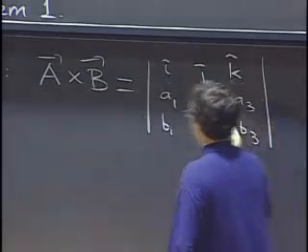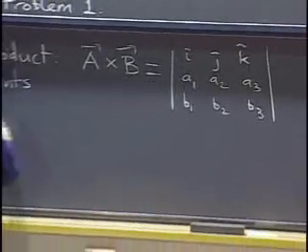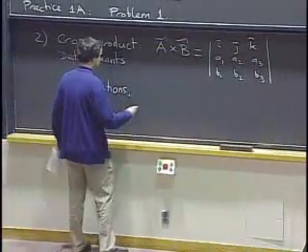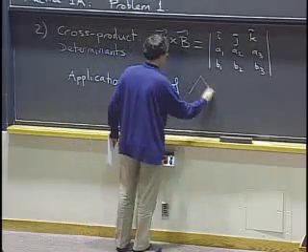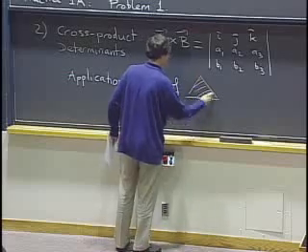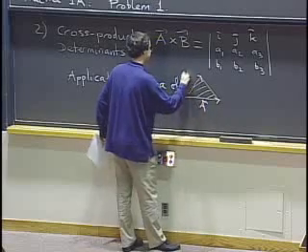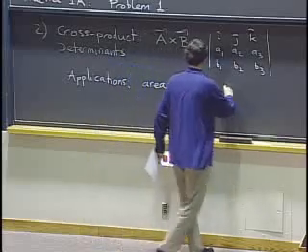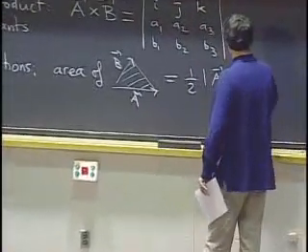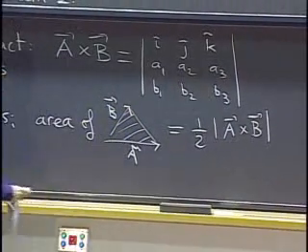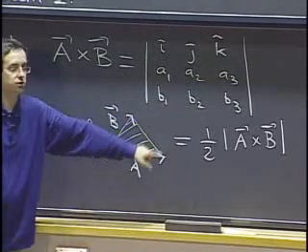And applications of cross product. For example, finding the area of a triangle or a parallelogram in space. If you have a triangle in space with sides A and B, then its area is 1/2 of the length of A cross B, because the length of A cross B is length A, length B sine theta, which is the same as the area of the parallelogram formed by these two vectors.